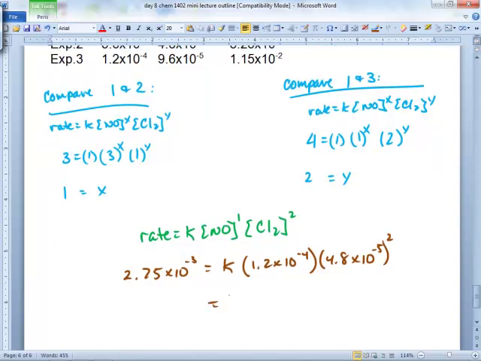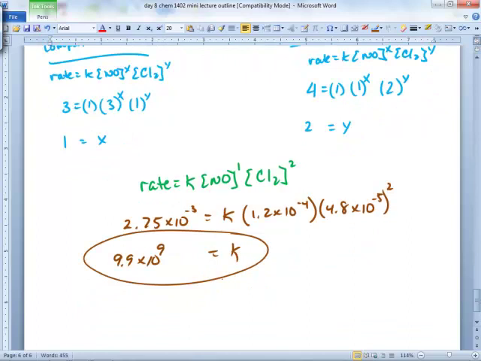So I'm going to take 2.75 times 10 to the negative 3, divide it by 1.2 times 10 to the negative 4, divide it by 4.8 times 10 to the negative 5, and that has to be squared. And I get, man, why didn't I do it in scientific notation? I got to count all this stuff. It's like 9.9 times 10 to the, what'd you get? 2, 4, 6, 8, 9?